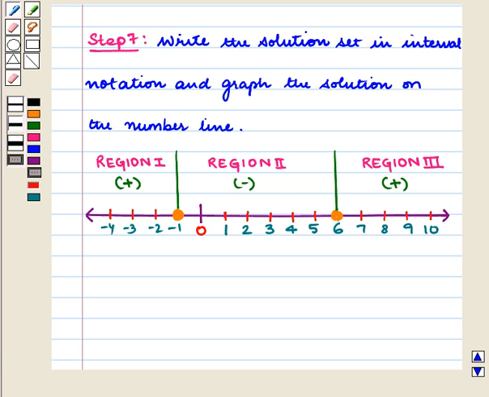Our next step is to write the solution in interval notation and graph the solution on the number line. We have the inequality x² - 5x - 6 ≥ 0. We have a greater than or equal to symbol, so we will choose those regions which have values greater than or equal to 0, that is positive values.